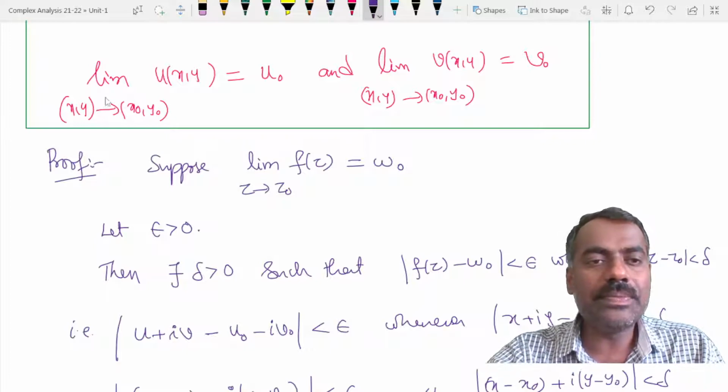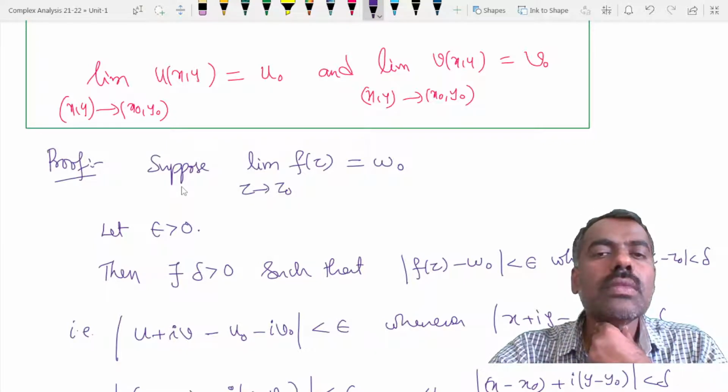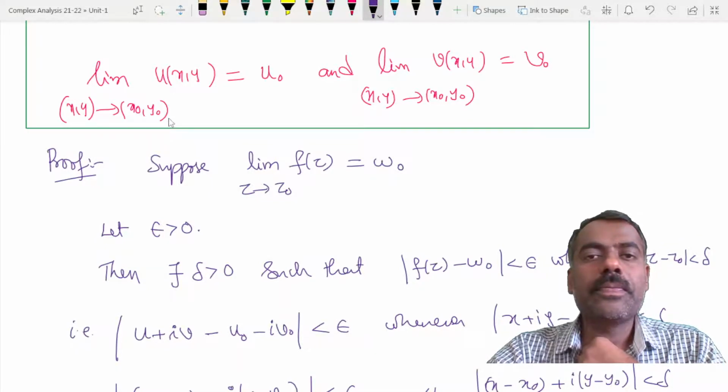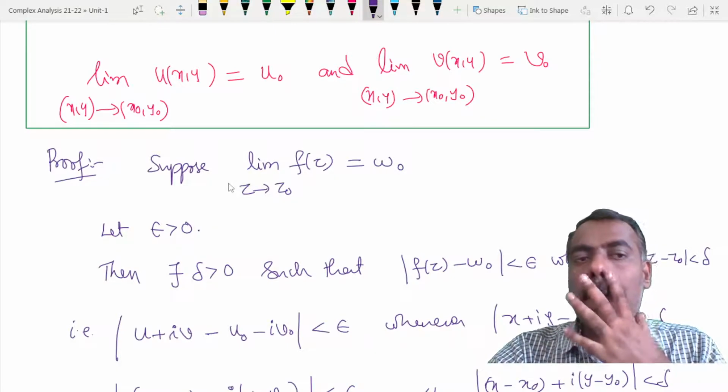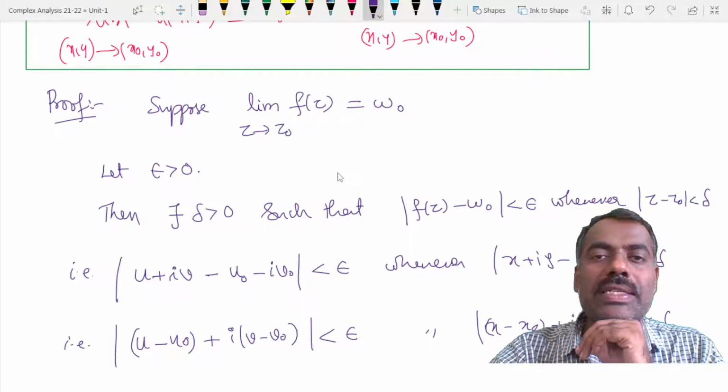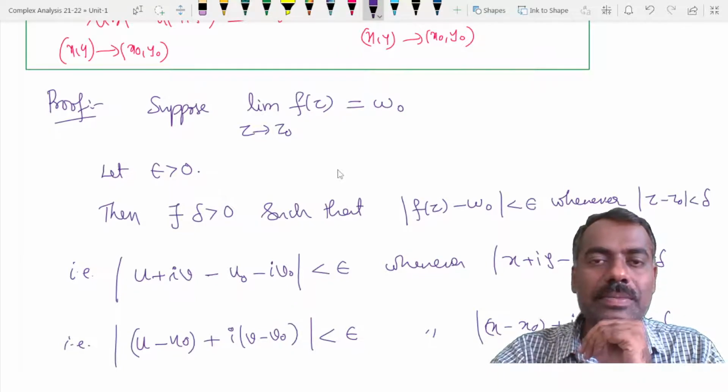Is that clear? What is meant by distance between two points in calculus? Distance between x comma y and x naught comma y naught. What is the distance between two points?